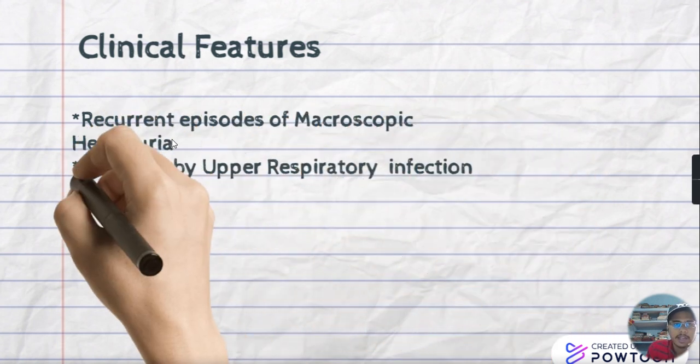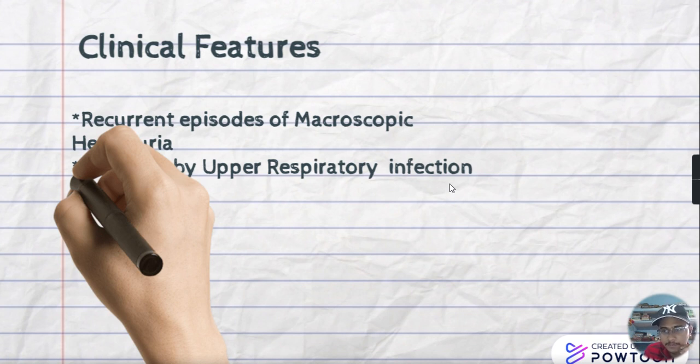Remember, the recurrent episodes of macroscopic hematuria are associated with upper respiratory tract infection, and because of this IgA nephropathy is also called synpharyngitic nephropathy, since it presents with upper respiratory tract infection.